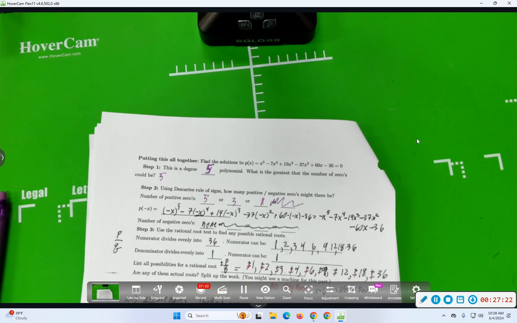Yeah. This is a degree 5. What is the greatest number of zeros? We're not counting. You saw that.